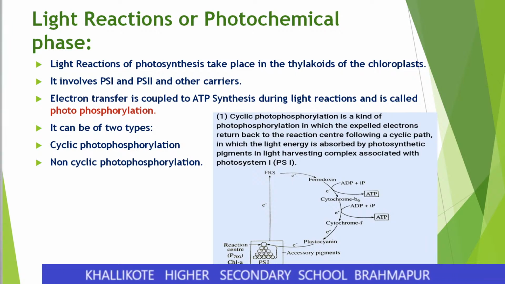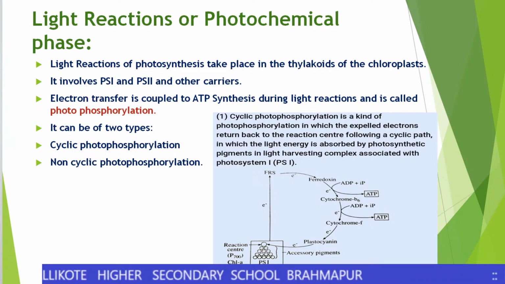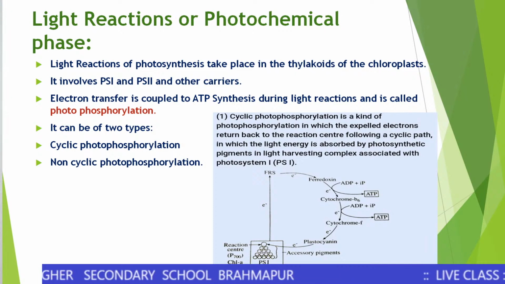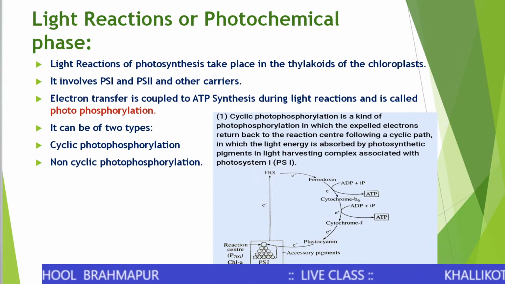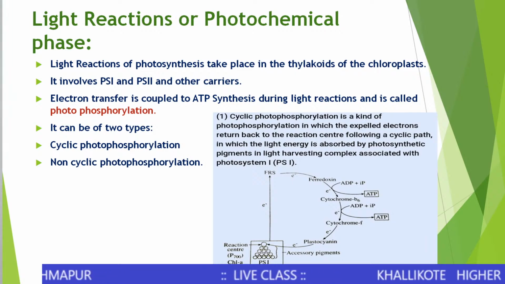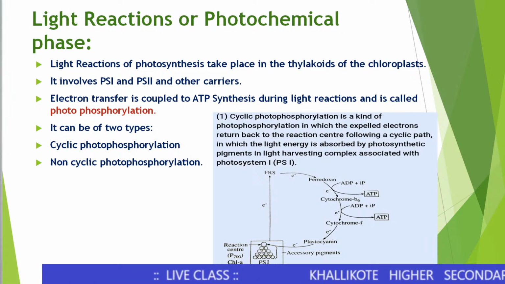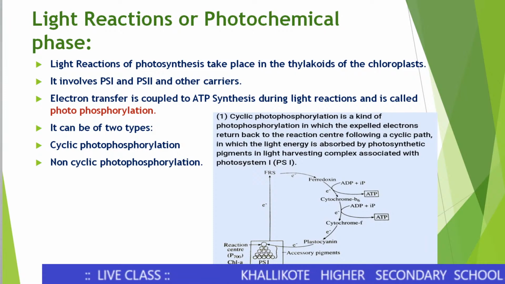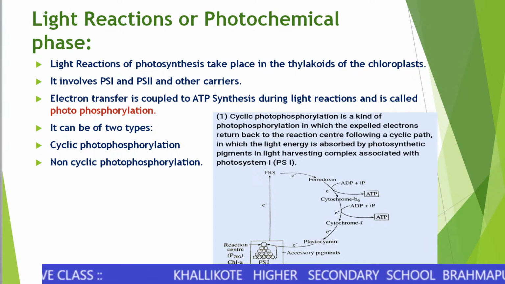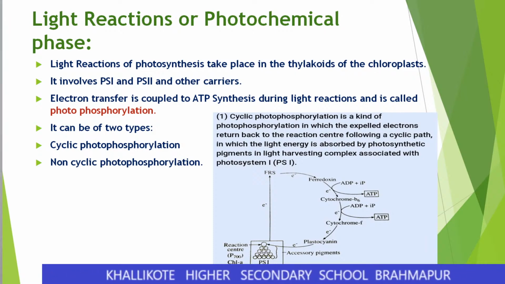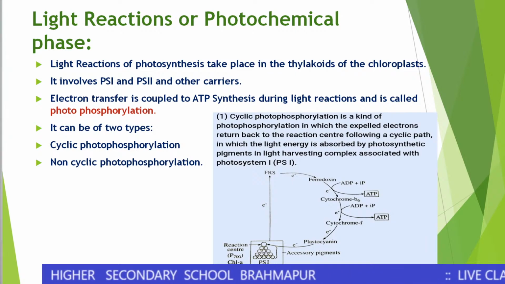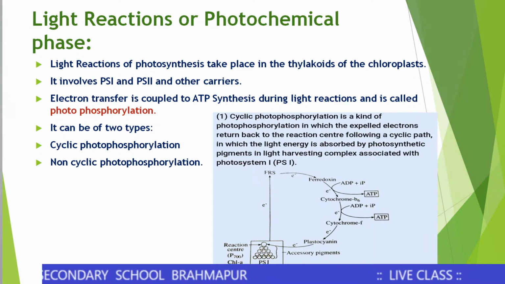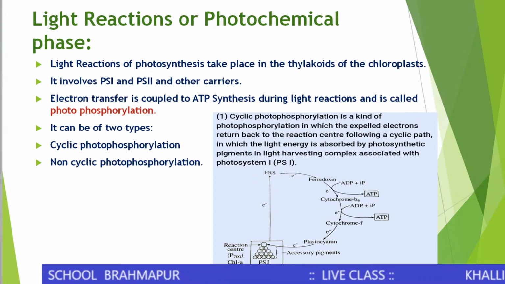When the reaction center molecule absorbs energy from the nearby antenna molecules, it gets photo excited and loses an electron. This energy rich electron is expelled from photosystem 1, or from P700.